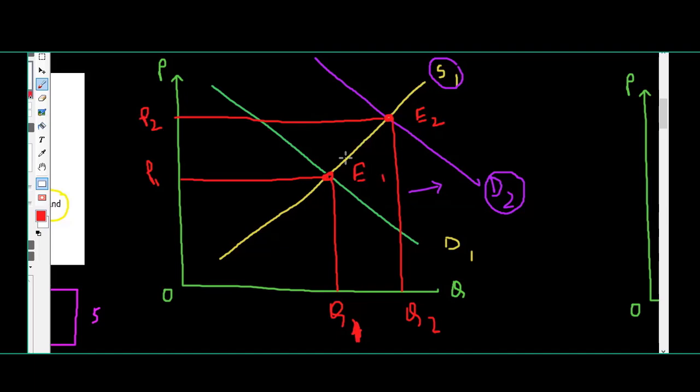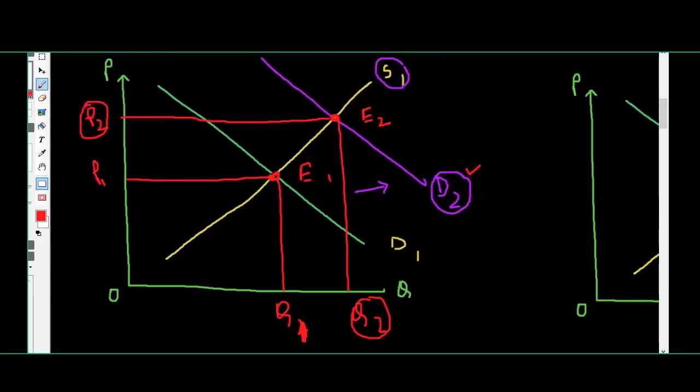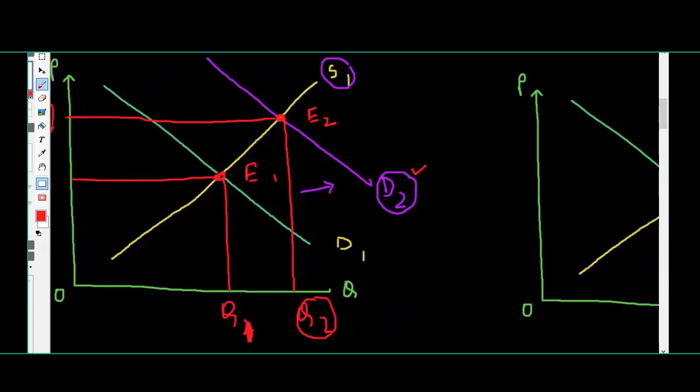So what we have seen from this analysis is that because of a change in demand, the equilibrium may change, and based on that, equilibrium price and equilibrium quantity both will change. Now, all of this happened just because of the change in demand. Demand curve has shifted. What if the supply curve changes as well?